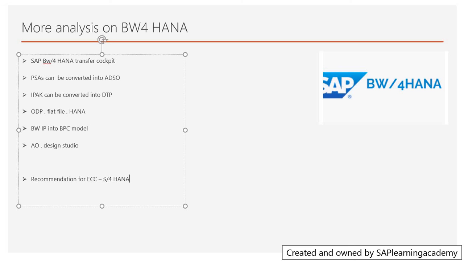Those things will not be available now, so you can just ignore the roll-ups, aggregates, DB statistics and indexes. And also with cubes and DSOs, we have very few objects in the newer system, so the housekeeping will be better in the new system.